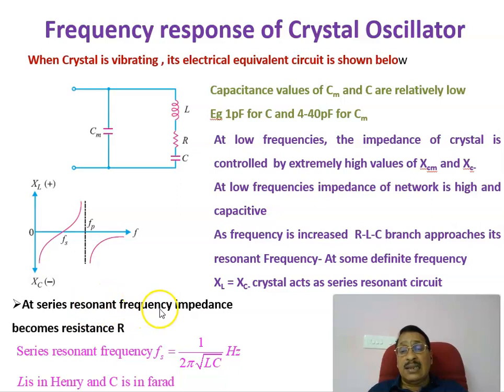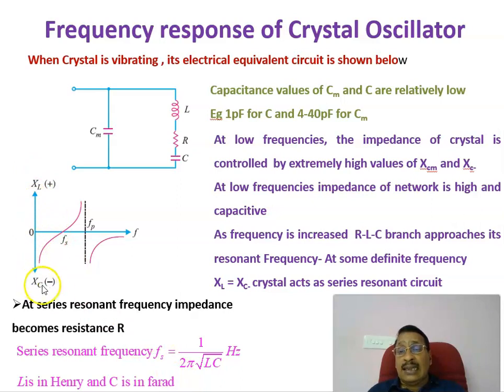At series resonant frequency, the impedance becomes purely resistive. Therefore, the series resonant frequency is given by fs equal to 1 by 2 pi root of LC hertz, where L is in henry and C is in farad.